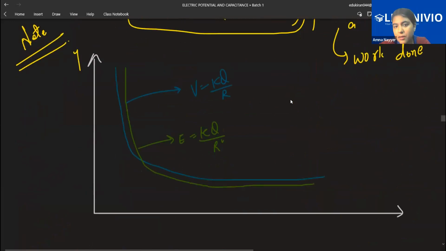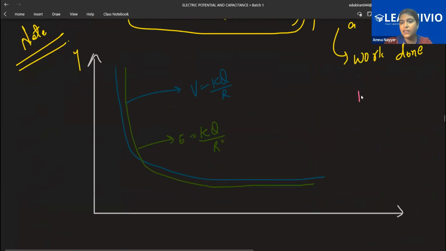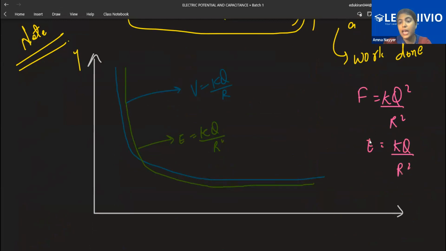See the graph we have studied. We have studied from the start that force is equal to KQ square by R square. We have studied electric field is equal to KQ by R square. And recently we have studied potential is equal to KQ by R. If you are asked to draw these on a graph, because both are for point charges, how will you differentiate them?